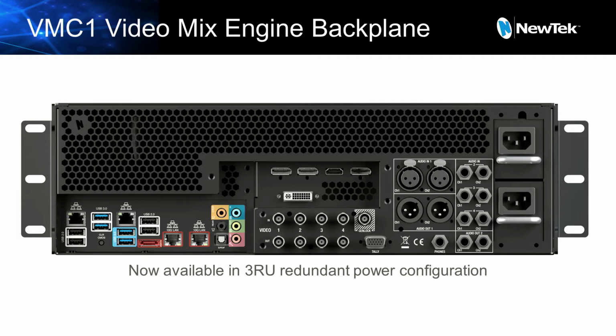If you look at the back of this unit, it does look very similar to TC1. In fact, all the video and audio connectors are exactly the same in terms of where they're placed, how they work and what they can do. The differences come into the graphics card and the computer motherboard. This unit has 5 graphics card outputs, of which you can use any 4 for multi-view displays.